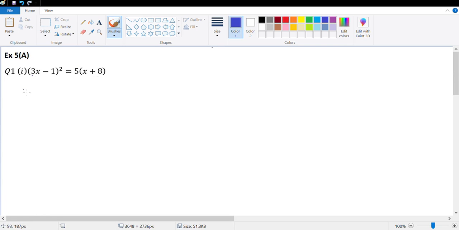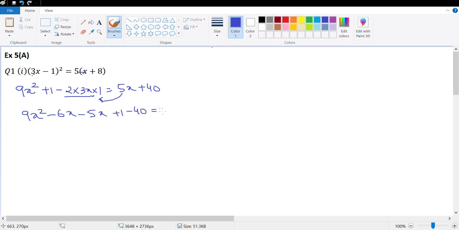So if I open this, this becomes 9x squared plus 1, this is a squared plus b squared minus 2 into a into b, and if I open this, this becomes 5x plus 40. So this is 9x squared minus 6x minus 5x. If I take this on one side, this is plus 1 minus 40 is equal to 0. So this is 9x squared minus 11x minus 39 is equal to 0.